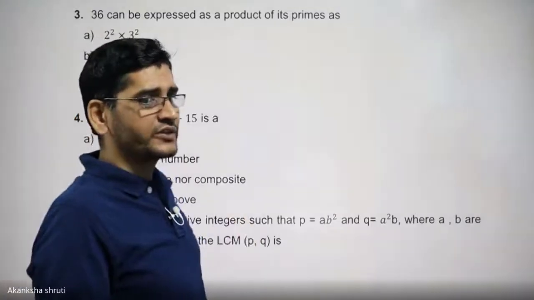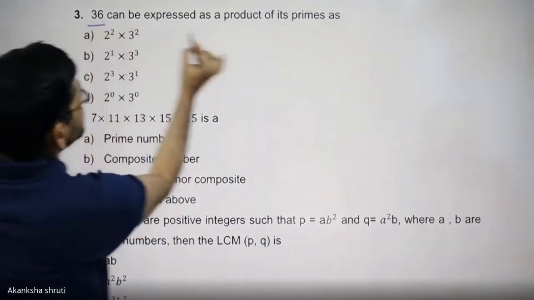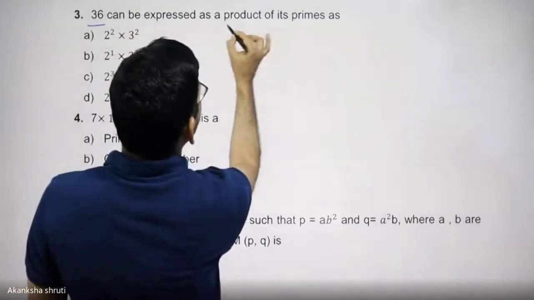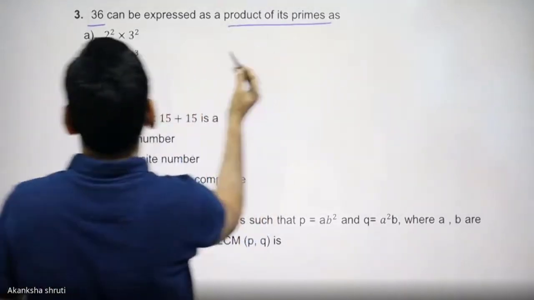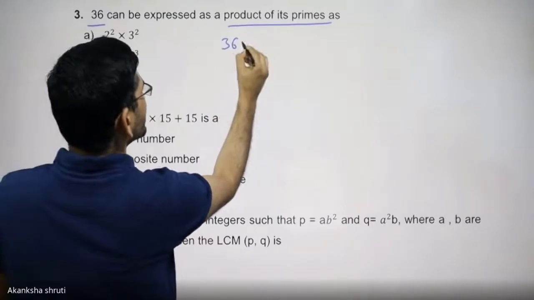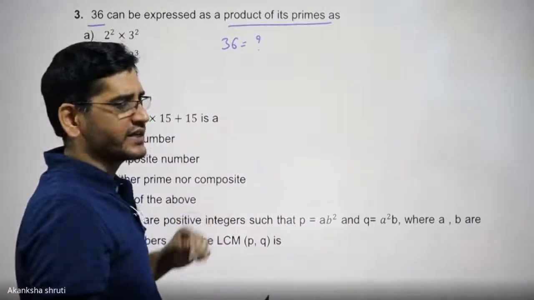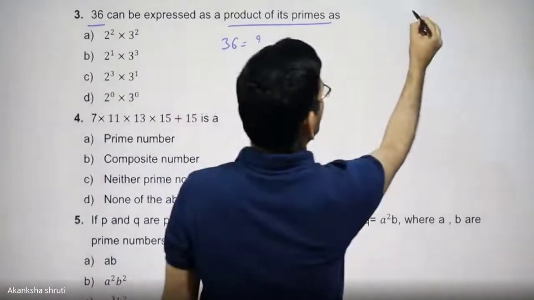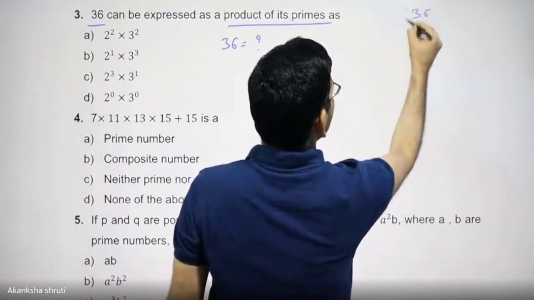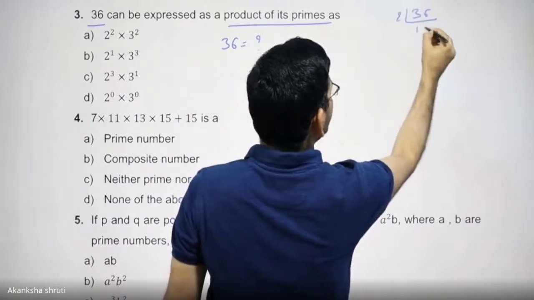Let us go for the third question of case study 1. 36 can be expressed as a product of primes as. We have to express 36 as the product of primes. Students, we have used this in our question number 1 as well as 2. So 36 has to be factorized. The smallest prime factor is 2. It becomes 18.